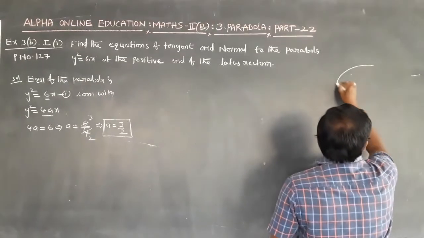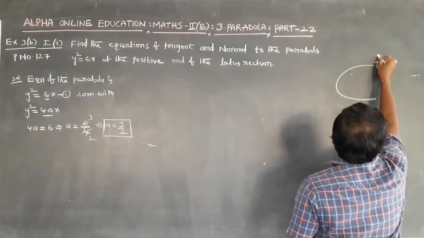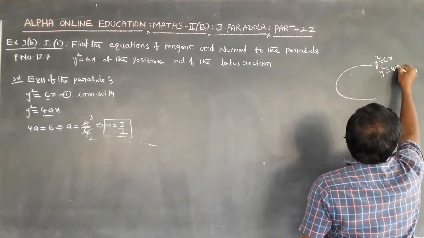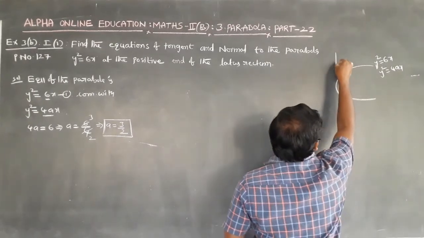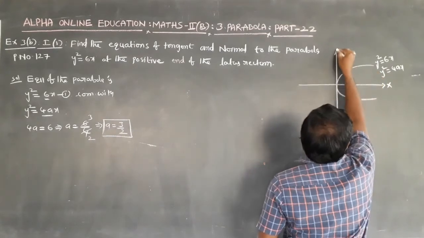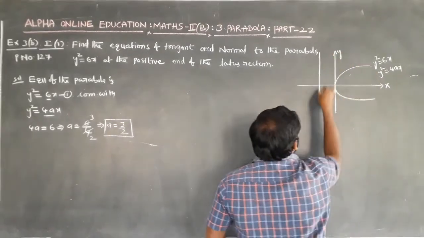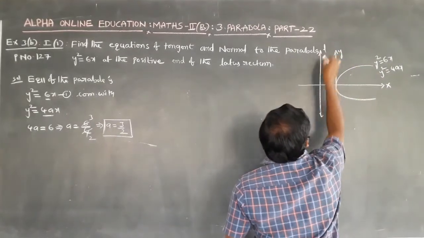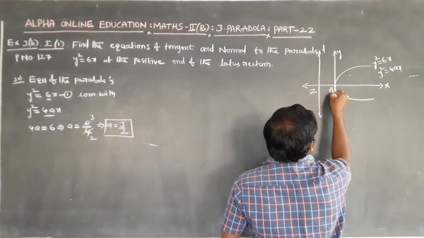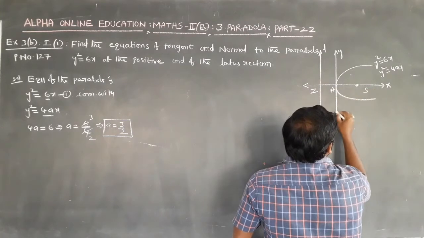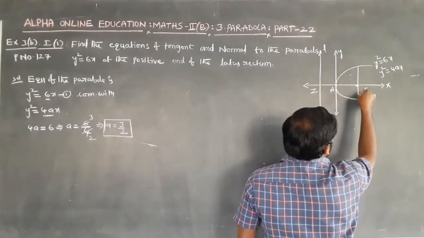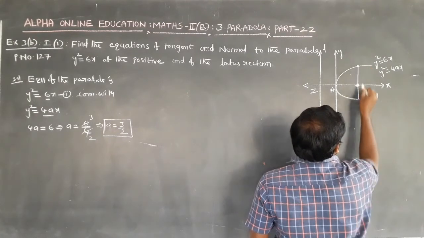This is the diagram of the parabola y square is equal to 4ax. This is the x-axis, this is the y-axis, this is the directrix L, this is Z, this is A, this is S. This is the latus rectum of the parabola.